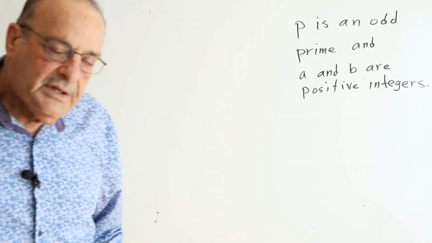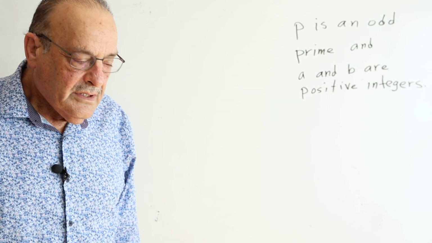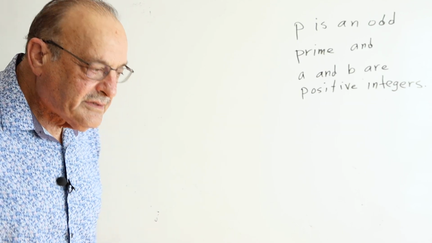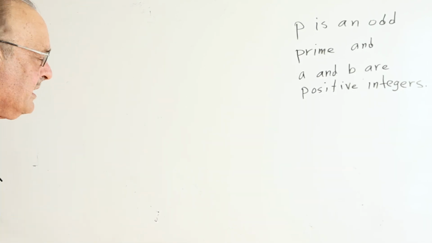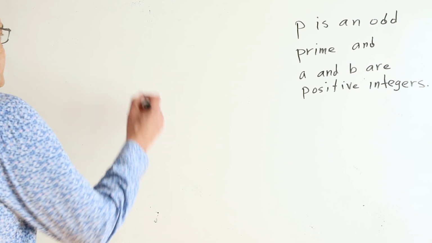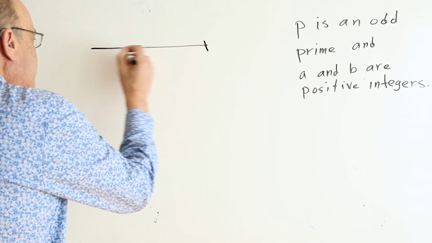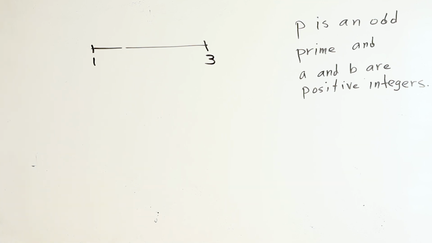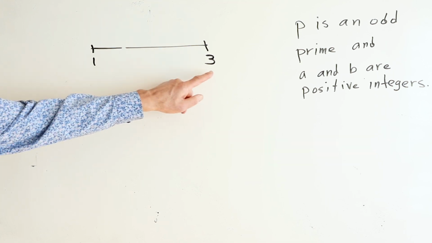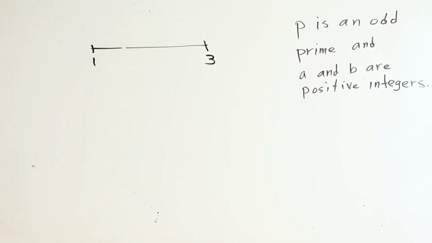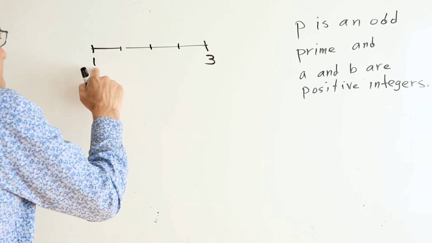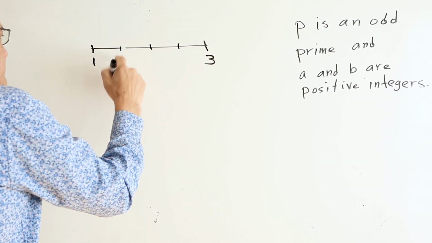I'm going to quickly review things I put in my other harmonic mean videos. I made a discovery around the year 2000, which didn't seem to be very well known about the harmonic mean. If you have a number like 1 and 3, and you want to find the harmonic mean on the number line, you just add 1 and 3 and get 4, and break this into 4 spaces. Then the harmonic mean is going to be 1 space to the right of 1.